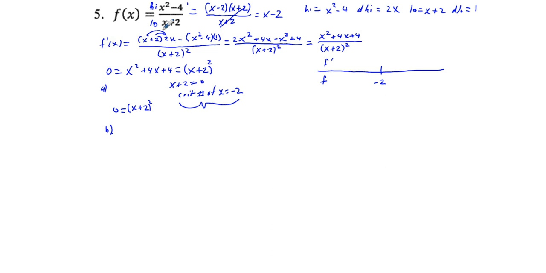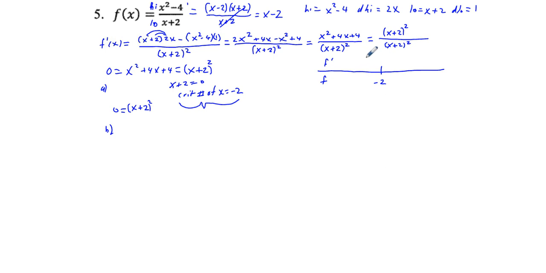I think I know where this is going to go. Essentially, you work this all out to the right, and it's going to simplify to quantity x plus 2 squared over quantity x plus 2 squared.